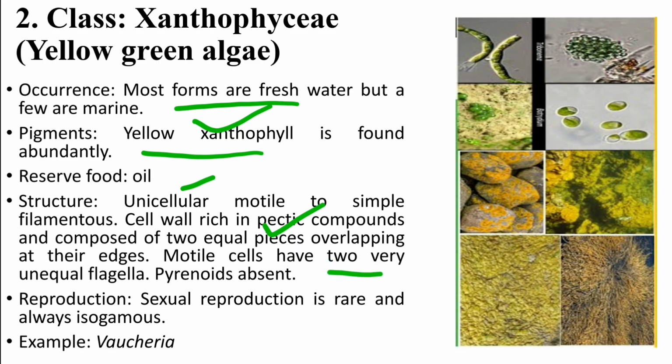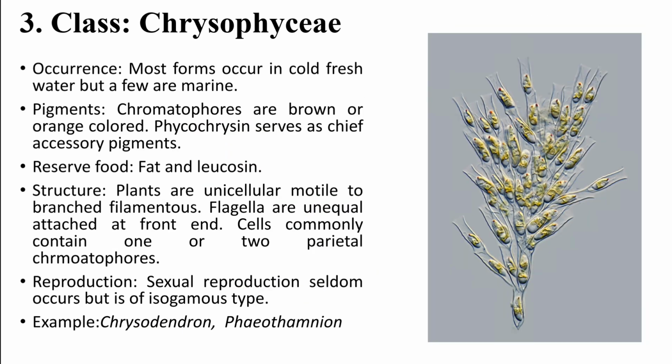Motile cells have two unequal flagella. Pyrenoids are totally absent. Sexual reproduction is rare and it is always isogamous. Example, Vaucheria.